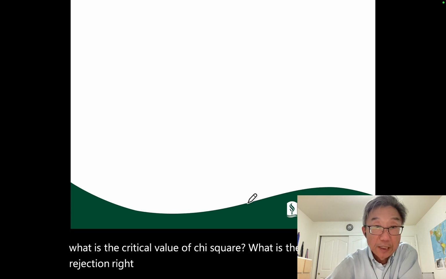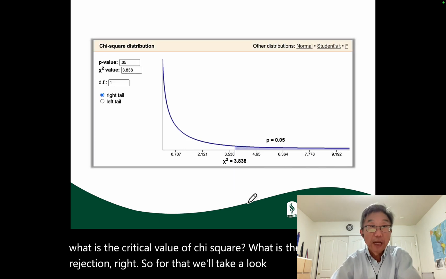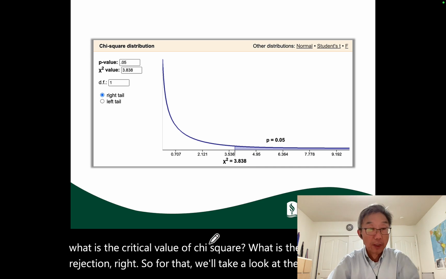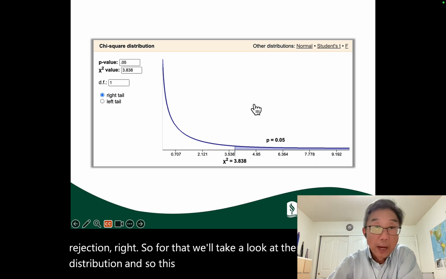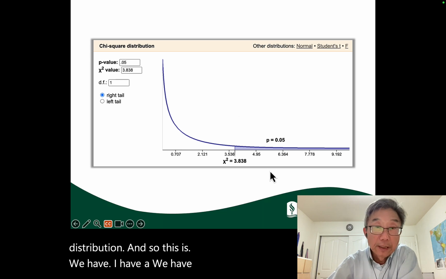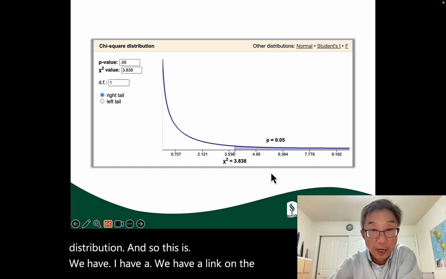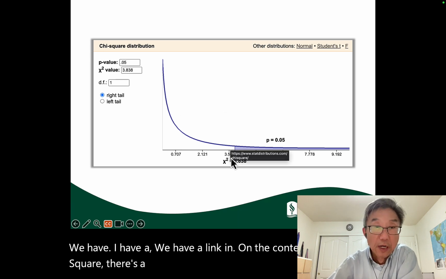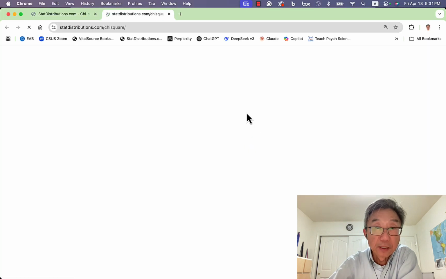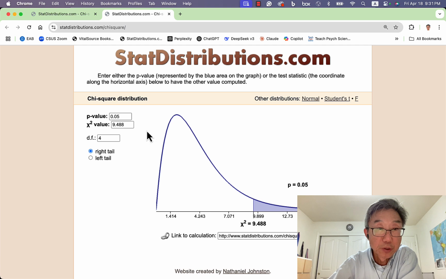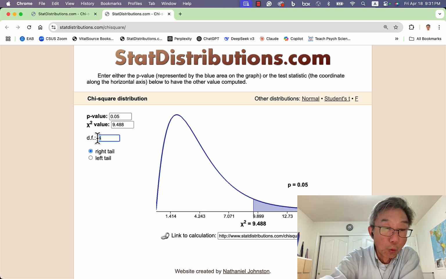So for that, we'll take a look at the chi-square distribution. We have a link on the content page for chi-square. There's a link that says chi-square. If you click that link, it leads to a page that more or less looks like this. It's the chi-square distribution, and we need to change the degree of freedom to 1.